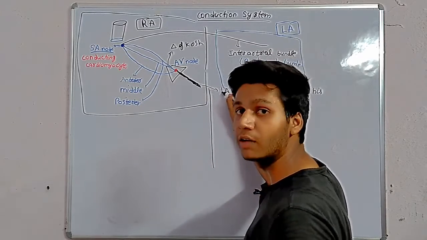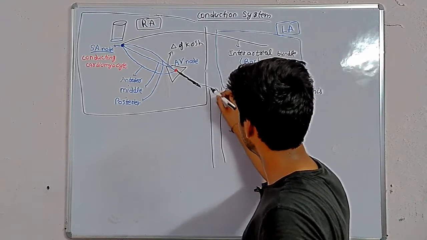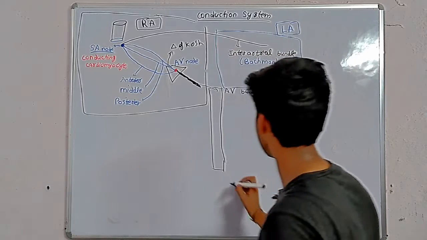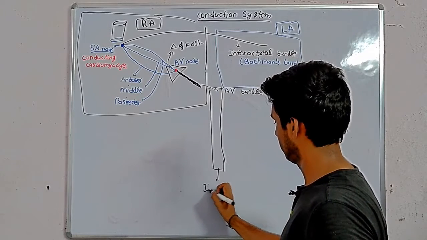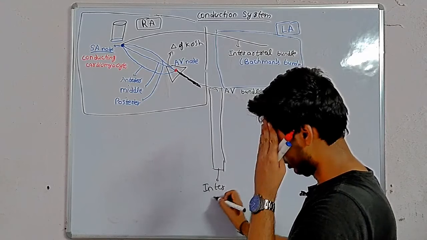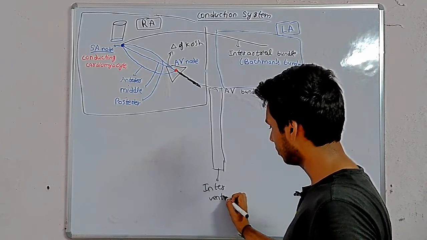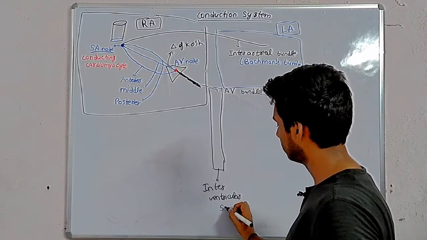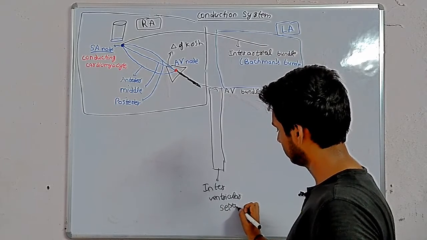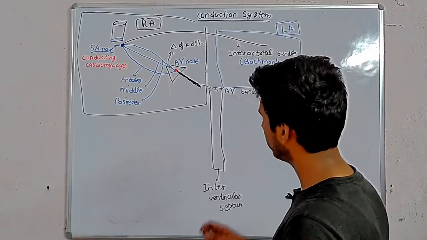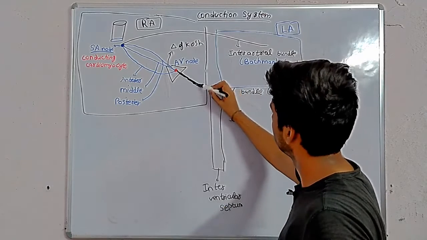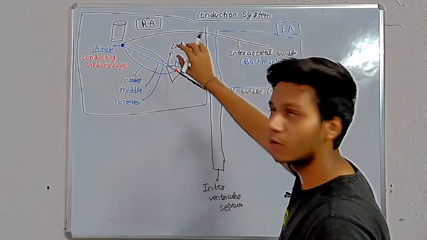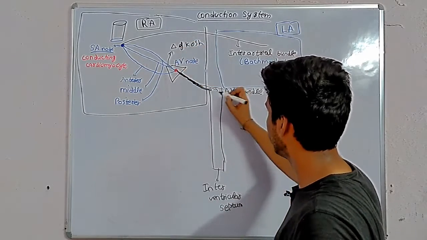The septum is the interventricular septum. This bundle goes inside it and conducts the impulse from the atria to the ventricles.